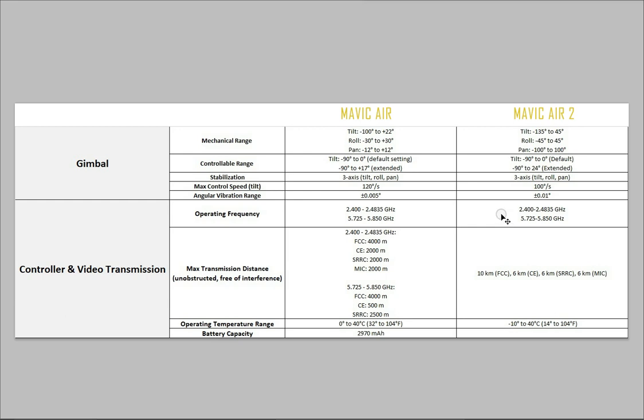Okay, now let's talk about something which I really miss in Mavic Air 2. Mavic Pro 2 has variable aperture, and just like Mavic Air, in Mavic Air 2 the aperture remains fixed, which I think needs to be looked at, and DJI should pay more attention to it.